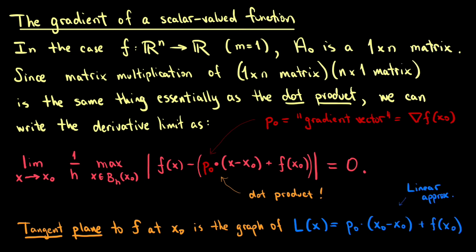Okay. And we don't use d, we use this nabla symbol here. This triangle, it's called nabla. Okay, so nabla f of x naught, or some people would say grad f of x naught, or just gradient.